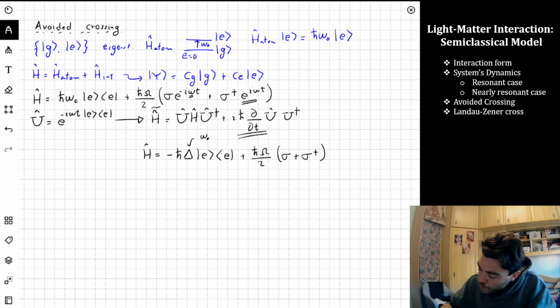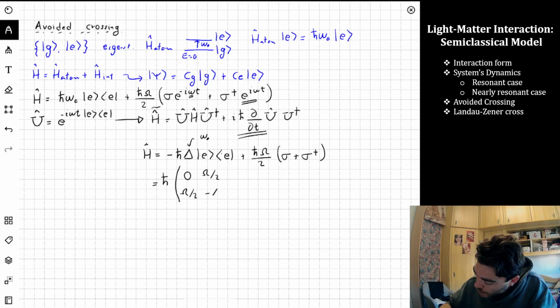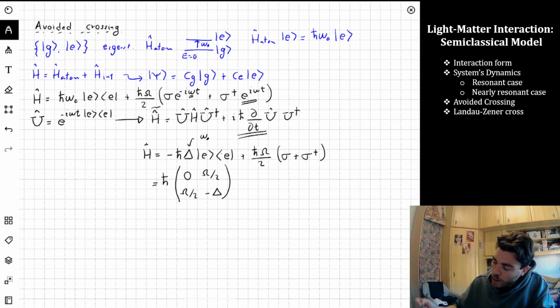And this is very nice because now this Hamiltonian, if you put it in matrix form, has the following matrix form. Because this ee is this term here, it's minus h bar delta, and then these are all off-diagonal terms that are the same.